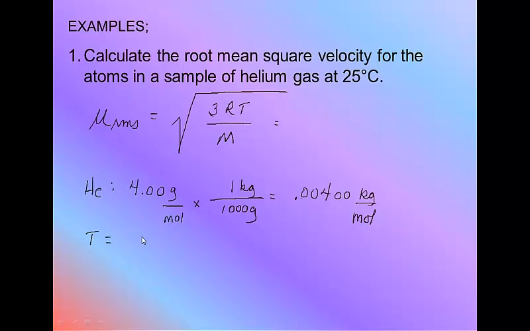My temperature has to be in kelvins, which is going to be, of course, 298 kelvins. And my R has to be the 8.3145 joules per Kelvin mole, which, of course, remember, is going to be given to you. This is on the formula sheet. You can't miss. Right? Plug in your numbers.